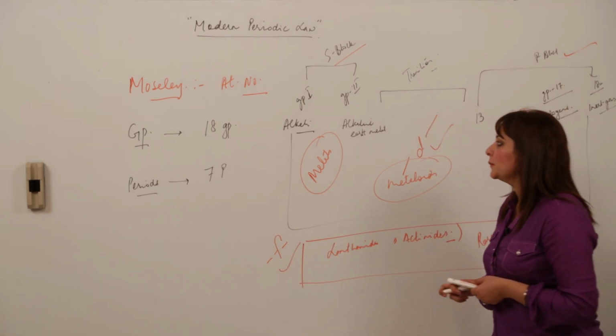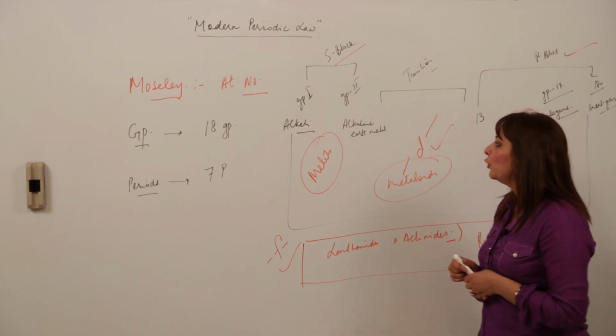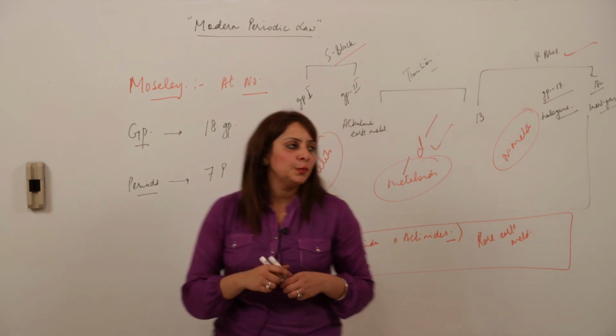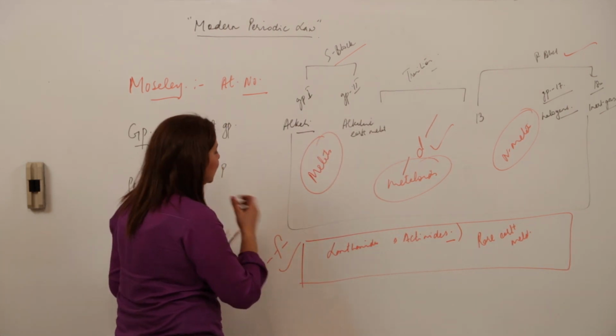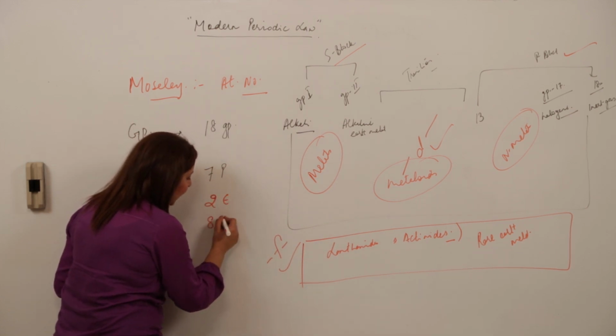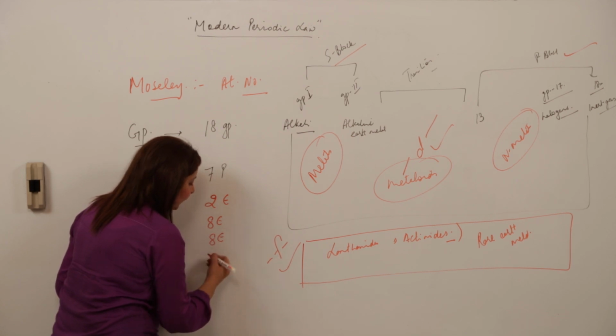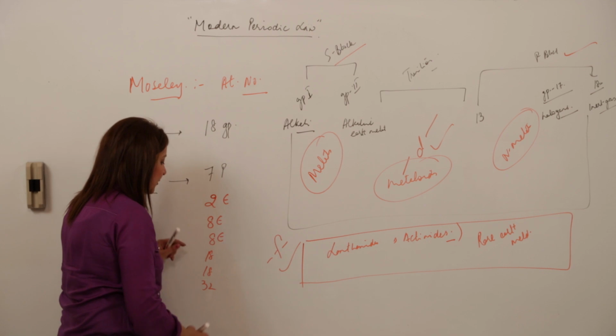Now the question comes: how many elements are present in each period? The number of elements in each period is given by the rule 2n squared. So the first period consists of 2 elements, the second period consists of 8 elements, the third period again consists of 8 elements, then 18, 18, 32, 32 likewise.